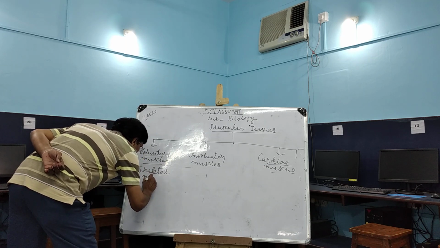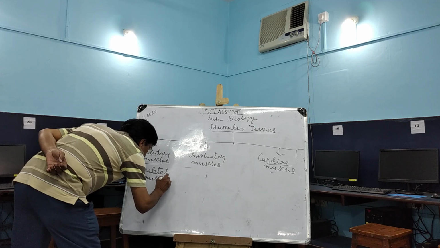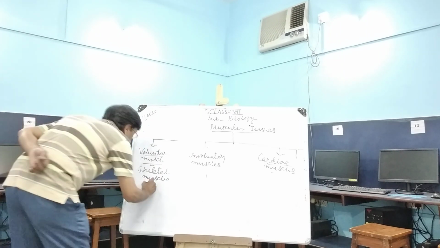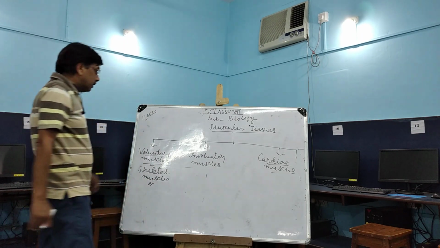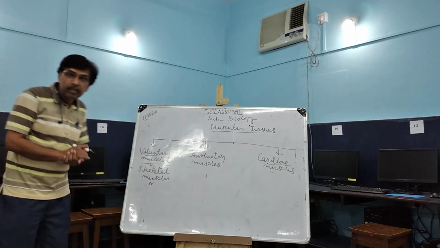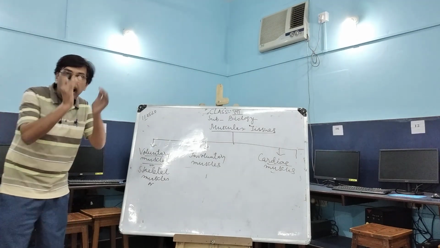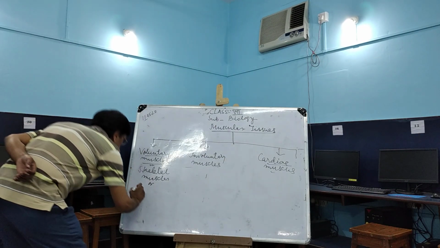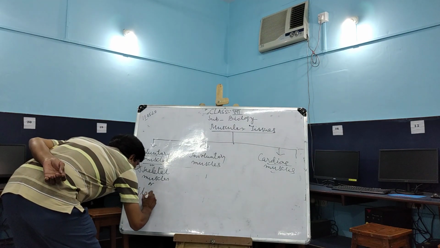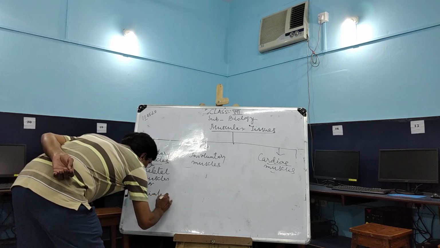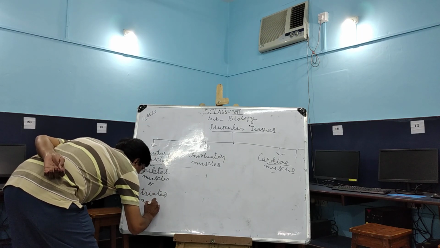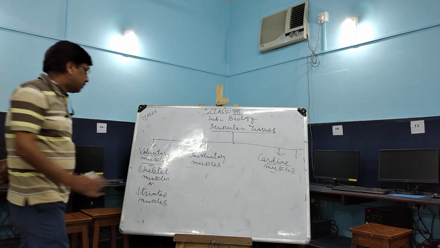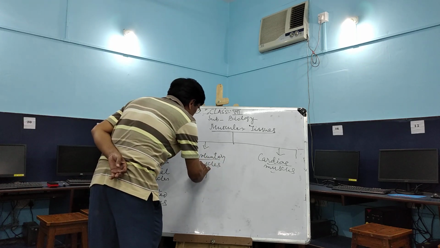Since striations, that is dark and light bands, are present in these muscles, they are also called striated muscles.